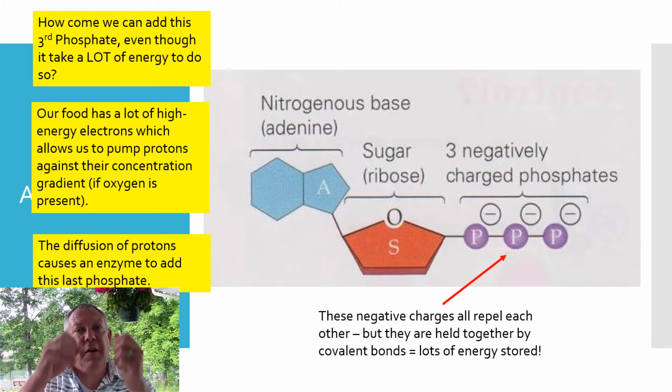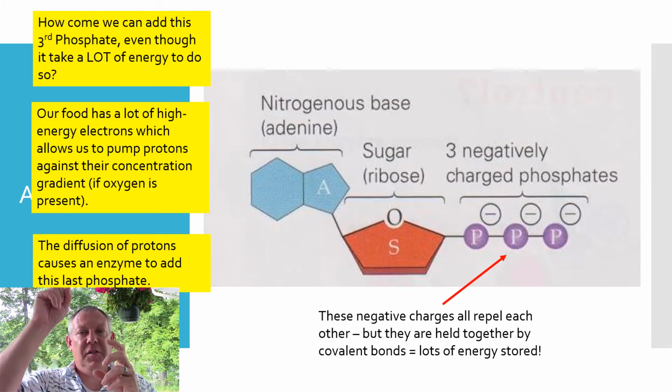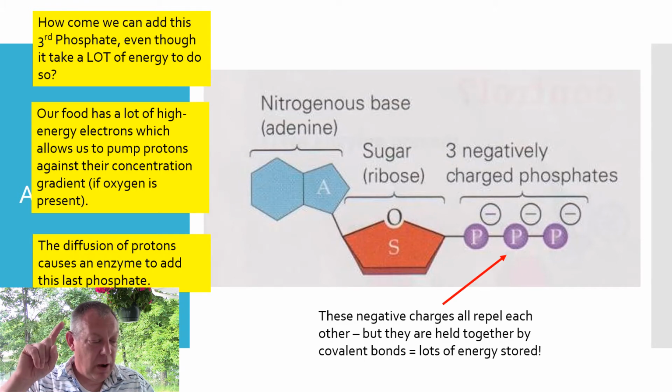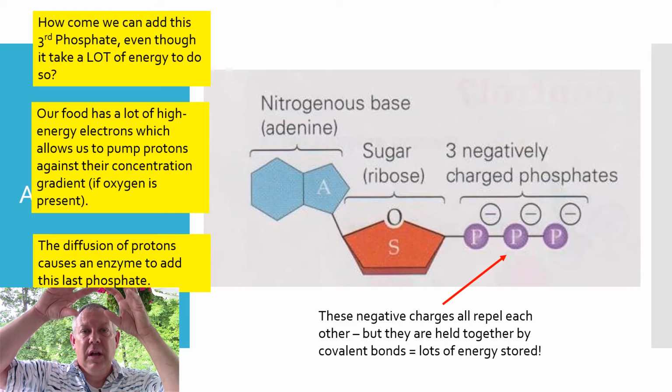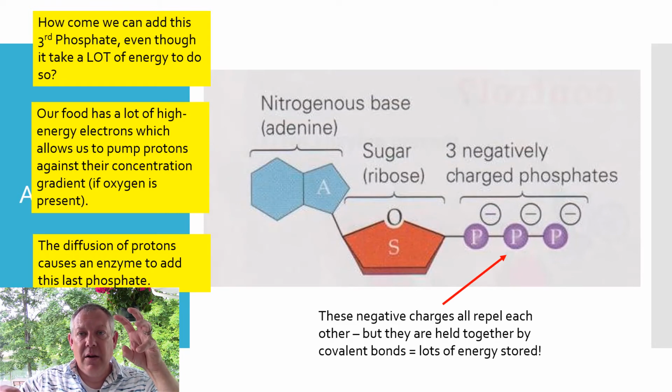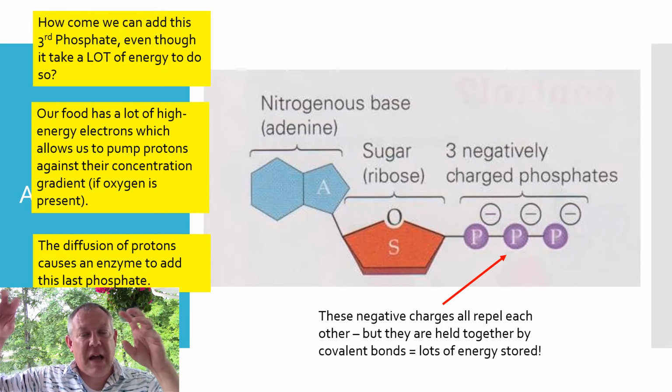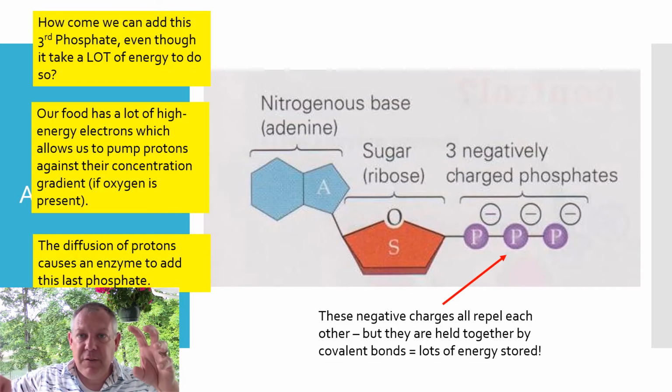In the process of passing those electrons, you pump protons across their concentration gradient. Those protons are at a real high concentration in that inner membrane space. They want to diffuse back, and they will diffuse back without an extra input of energy. But as they diffuse back, they drive ATP synthase, which makes a bunch of ATPs.